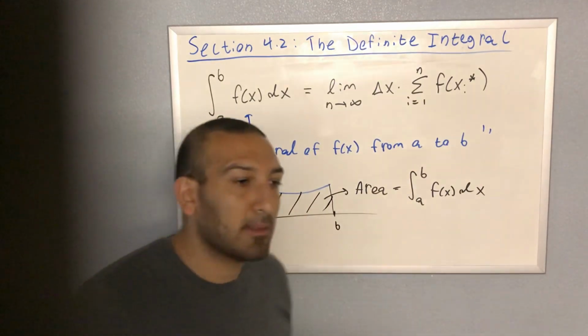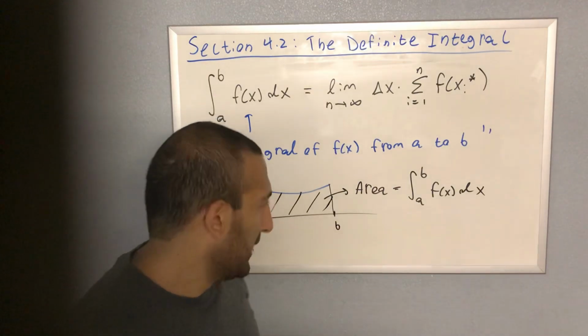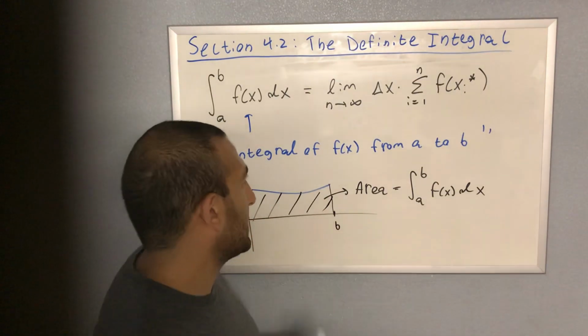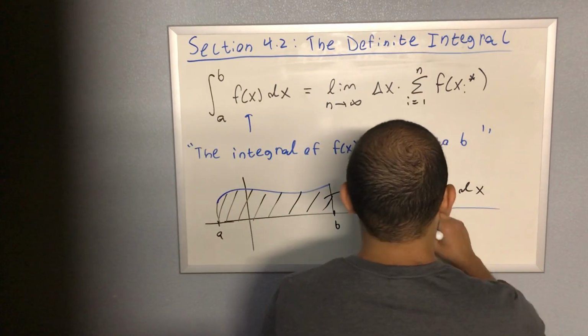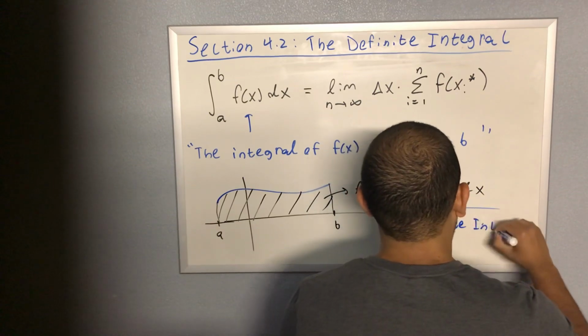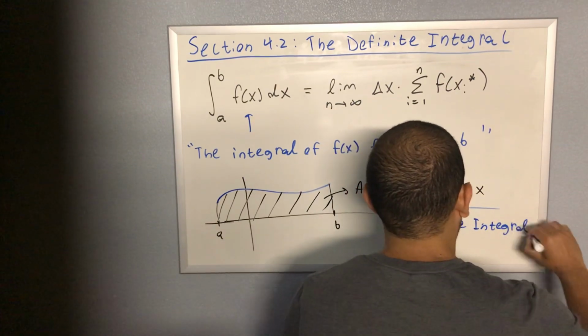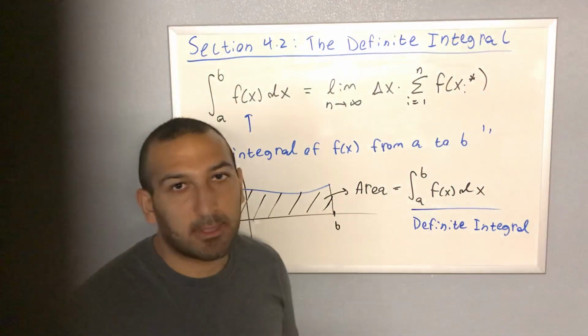We'll run into something called the indefinite integral a little later. You've basically already done it, but we haven't used the fancy words for it. So this is the definite integral. Definite, because it gives you a definite answer for the area. It gives you one complete answer.